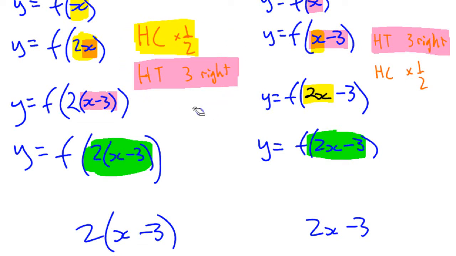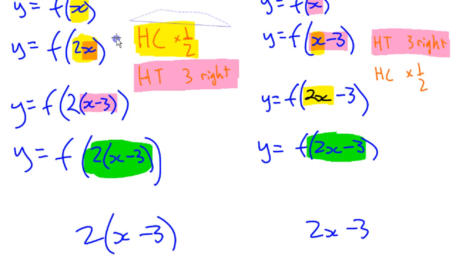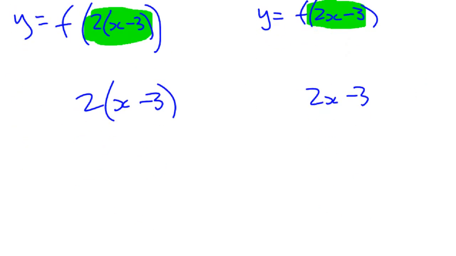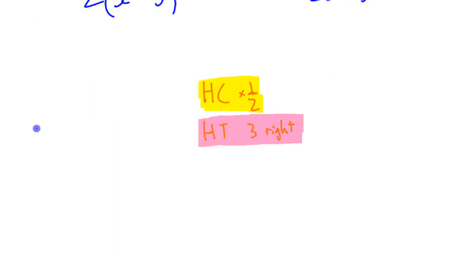If we do our two transformations now, let's take that and bring it down here and put it right here. If we do those two transformations, just track a point here. Let's track 4, 6.